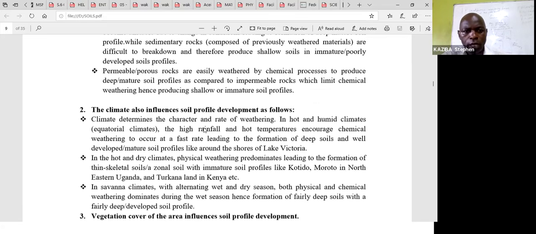We have equatorial climate. Now, if they say describe the characteristics of the soil profile, you define, draw, describe. Describe everything you see, then you go to the factors. So that is climate.